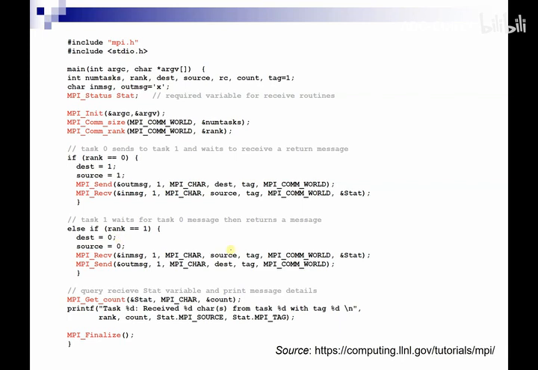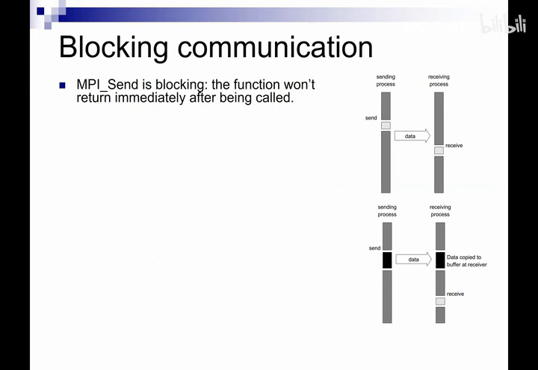I'm going to first receive a message from process 0, and then I'll send a message to process 0. Lastly, both processes are going to print out that they received some number of characters from the other process. So that's how we use the send and receive functions.